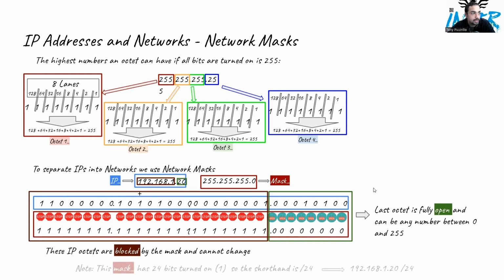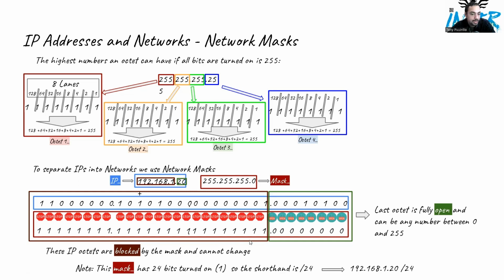This mask has 24 bits turned on. So there's 24 ones in this mask. So we can write this out in shorthand. Instead of writing out all the octets as binary, we can use /24 because there's 24 mask bits that are on.